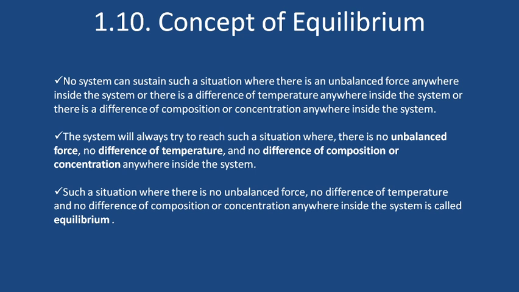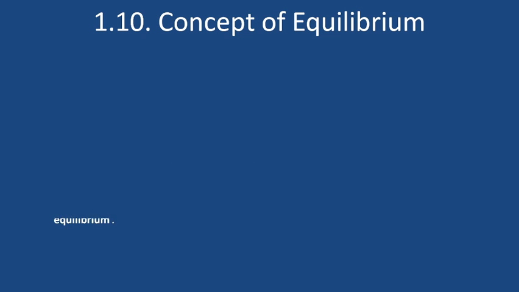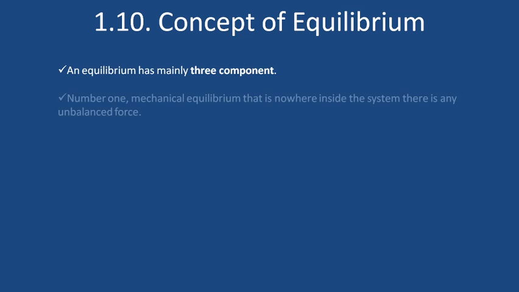So the equilibrium can be of three different types mainly. Number one, mechanical equilibrium, that is, nowhere inside the system does any unbalanced force exist. That is the mechanical equilibrium. Number two is thermal equilibrium.